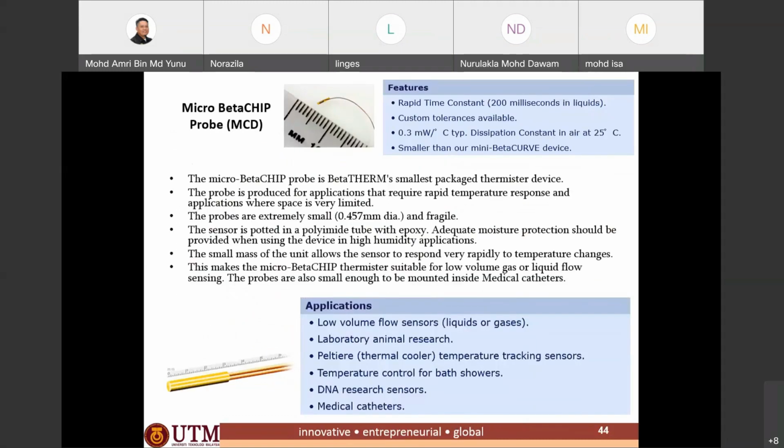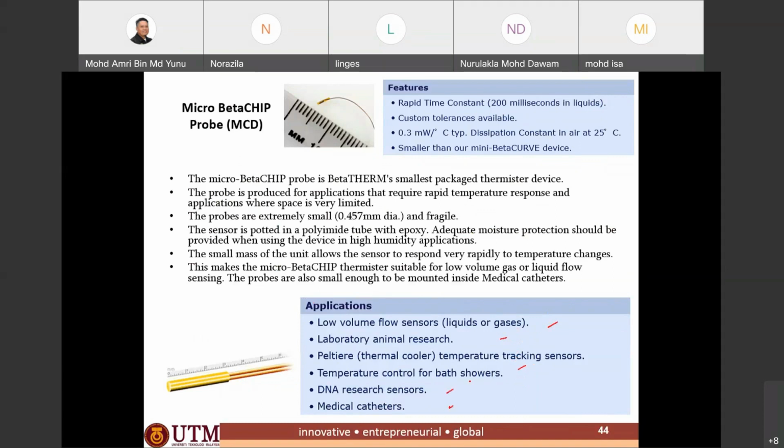Okay, so the application of this thermistor is for lab research, especially in equipment or setups where we need to measure a very small area.